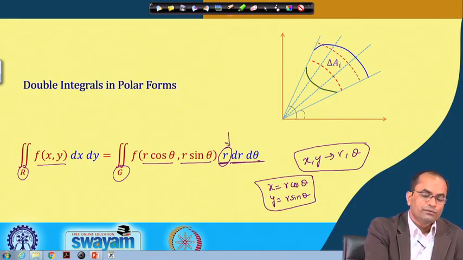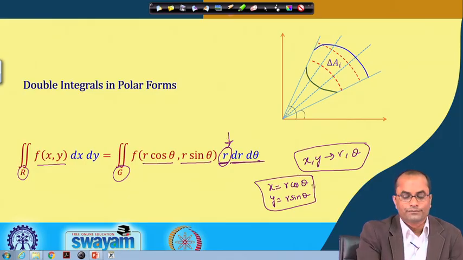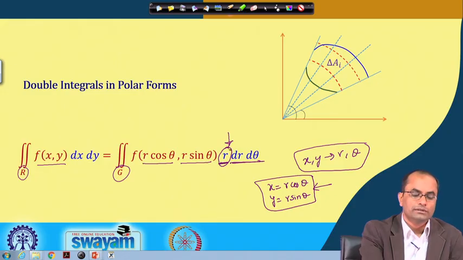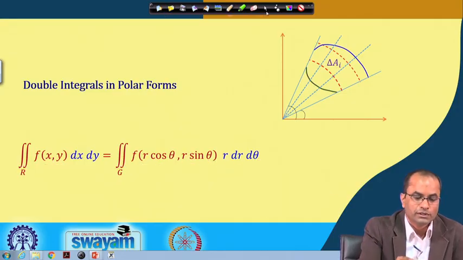So, now we will go for a more general case. This was a particular situation when we go from Cartesian to polar coordinates, but in general if we have any other type of change of variables, how to deal with this factor, we will see now in today's lecture.